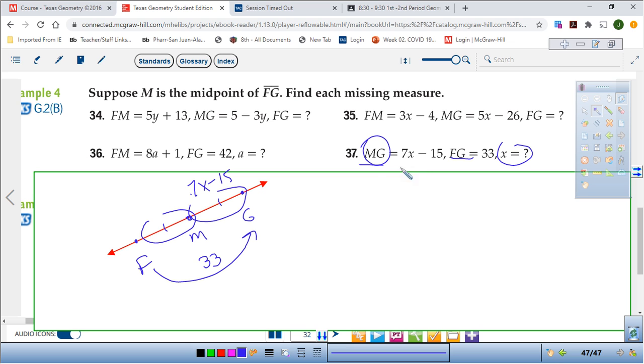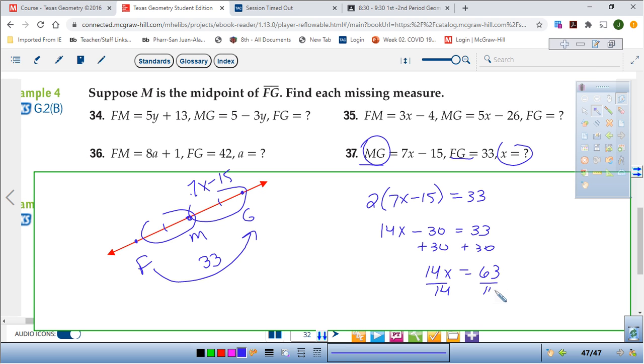So regarding this one real quick, I'm going to go with 2 times (7x minus 15) is equal to 33. Do the math: that gives you 14x minus 30 is equal to 33. We're going to add 30 to both sides. We're going to go with 14x is equal to 63, divide by 14, divide by 14.